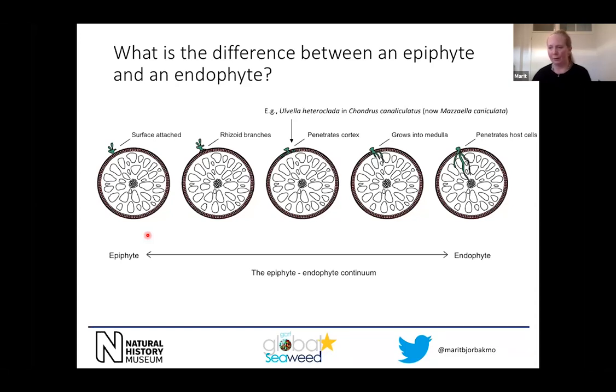And the third category, where we can start calling the green algae endophyte, are the ones that penetrate into the cortex of the algal host, but perhaps without causing any or too much damage to the seaweed host. While the final two categories are characterized by green algal endophytes that penetrate the cortex and grow into the medulla, potentially also penetrating host cells.